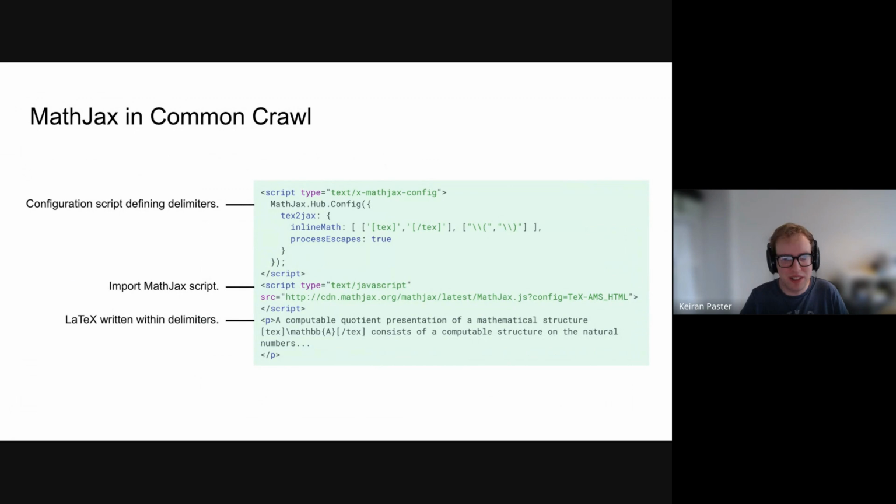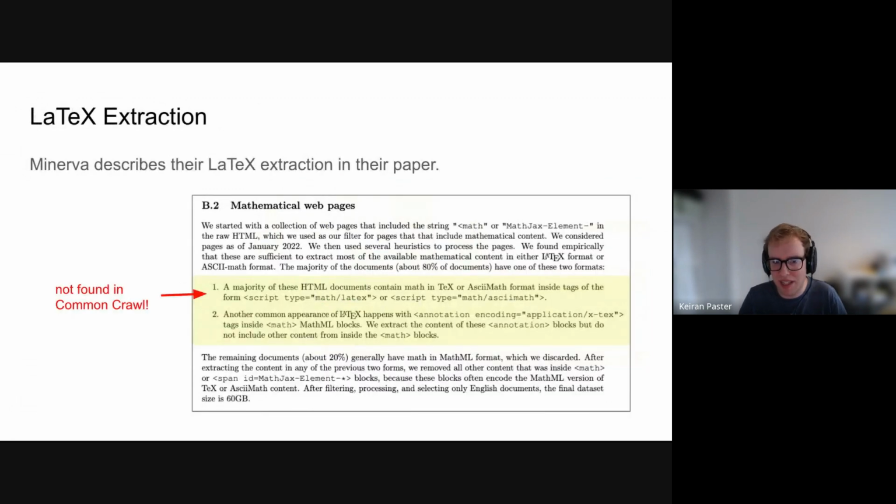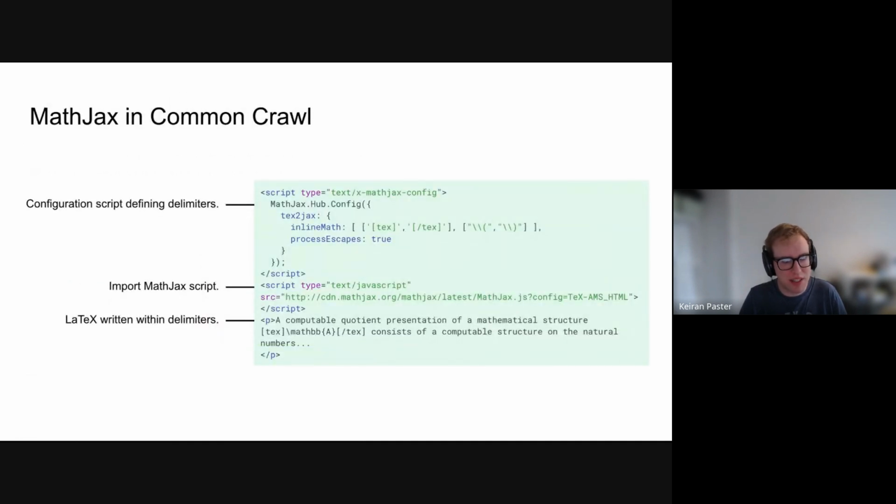It turns out that these script tags actually come from this library called MathJax. When you look at how MathJax appears in Common Crawl, you get these 3 components. Somewhere in the page, you'll have this script tag, which contains the configuration for MathJax.